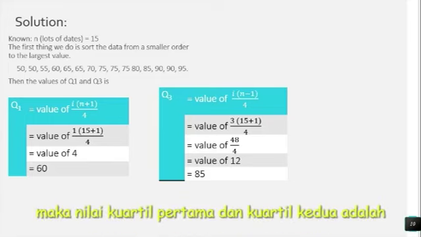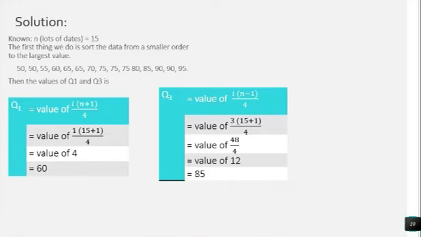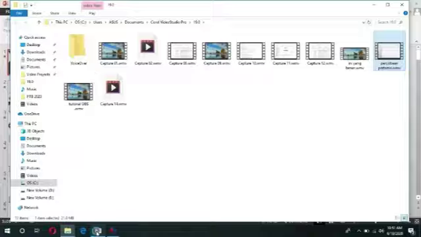Then the values of Q1 and Q3: Q1 equals the value of the (n plus 1) divided by 4th data, the value of the (15 plus 1) divided by 4 equals the value of the 4th data, which equals 16.